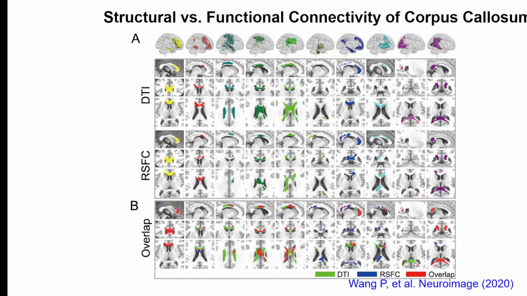And what this shows is the overlap between the DTI and the functional connectivity map. Okay, so the red is the overlap in the resting state functional connectivity and DTI.